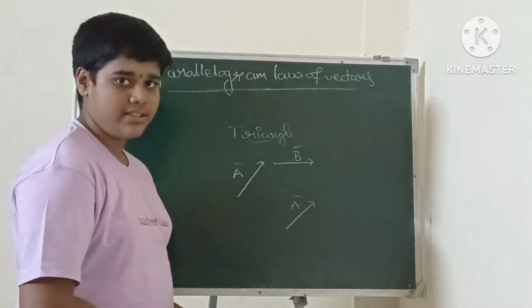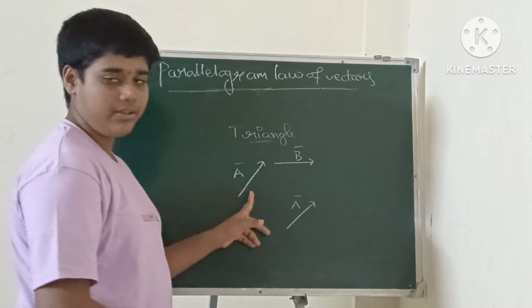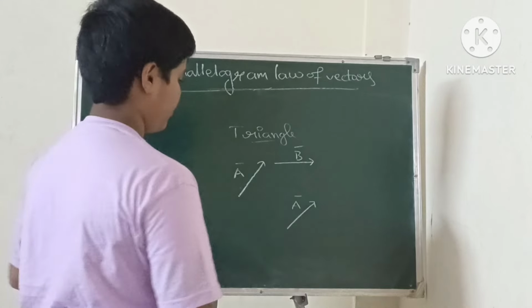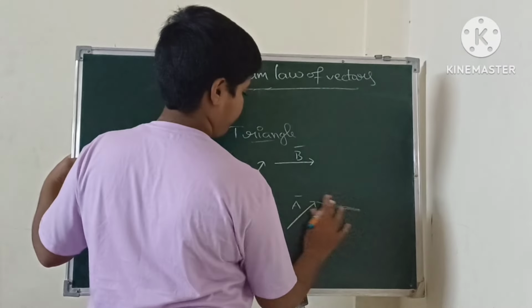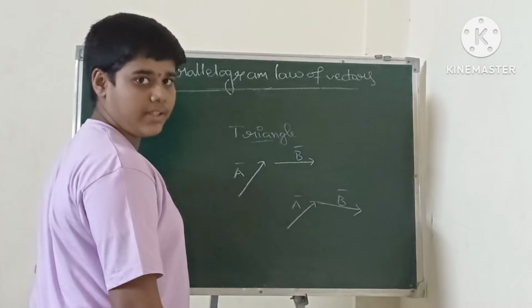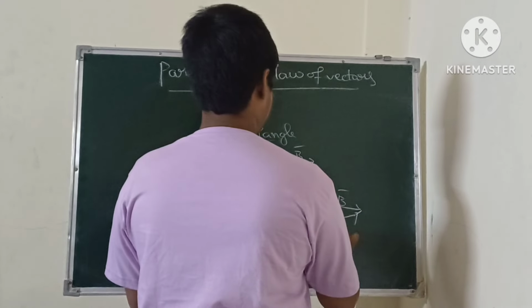Here the main condition is we should not change the magnitude and direction of these two vectors. So this is A bar and this is B bar. The resultant will be opposite in sense. This is the resultant.